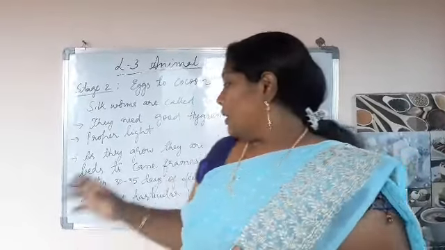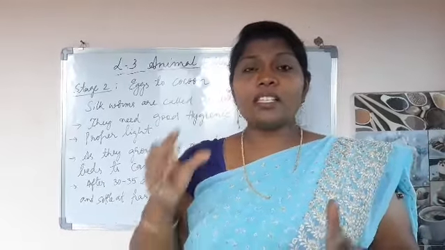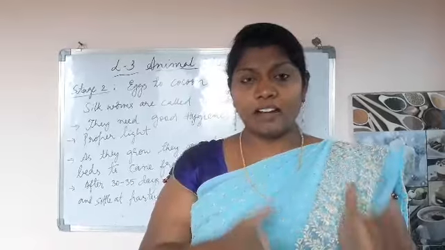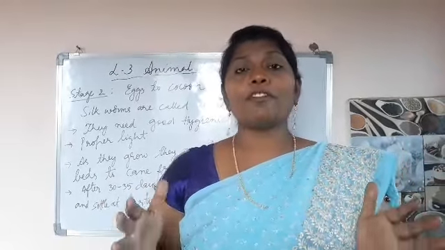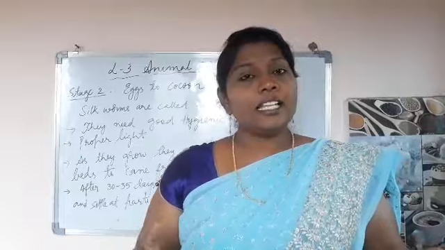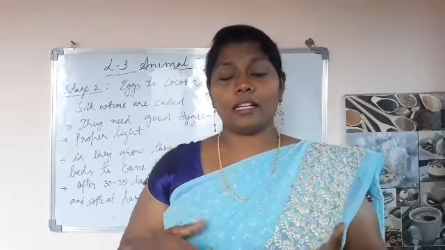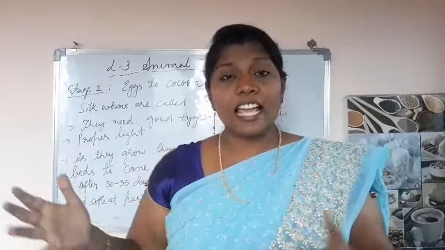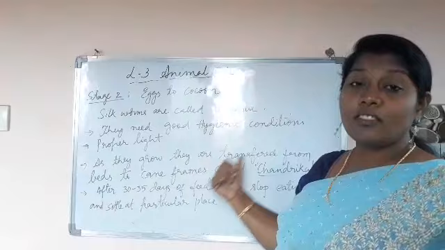Okay, once the larvae are growing up, they are again transferred into bigger beds which are made of cane. Cane is nothing but the bamboo sticks we get. So they are transferred from these beds to the cane-like big cages, which are called chandrikalu.